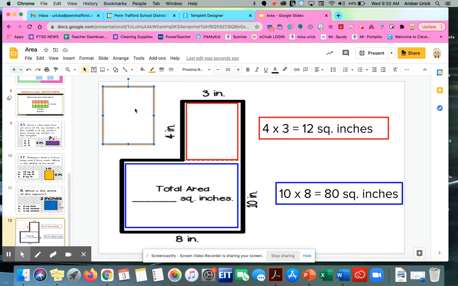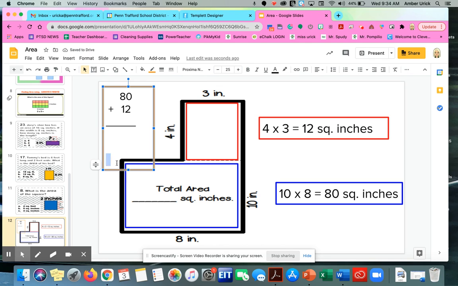So now I'm going to come over here to the orange box because I would like to take my 80 square inches and then I want to add the 12 square inches to the 80 square inches. It doesn't always look super pretty on the computer here, but that's okay.